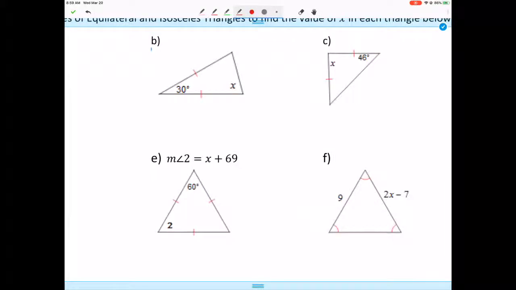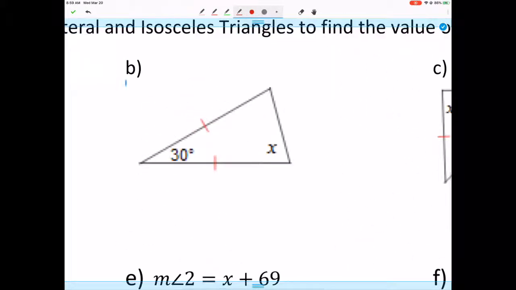All right, here in B, since we have two sides that are congruent, we know it's an isosceles triangle. So if it's an isosceles triangle, we know that this angle and this angle are the same.